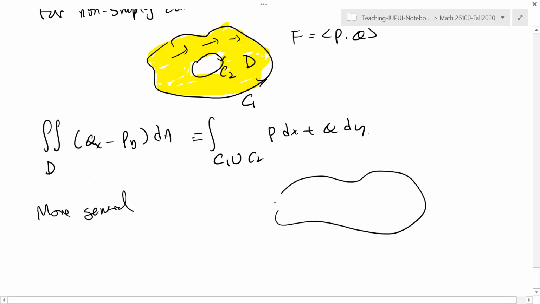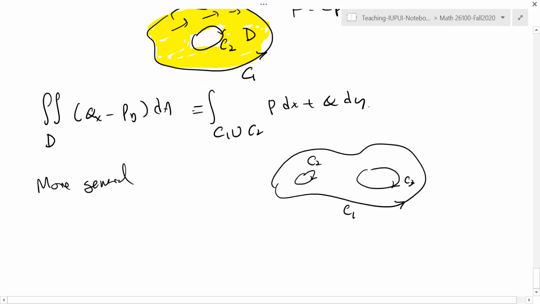If we have a domain here, all sides must be oriented in this way, and the inside curves are oriented in this way, C2 and C3.